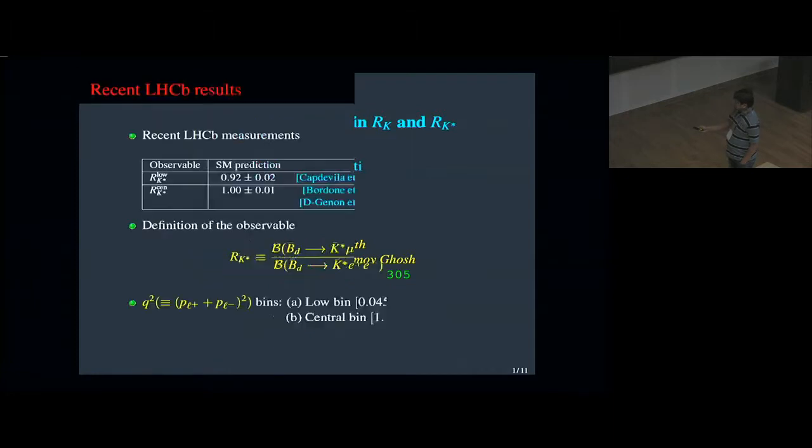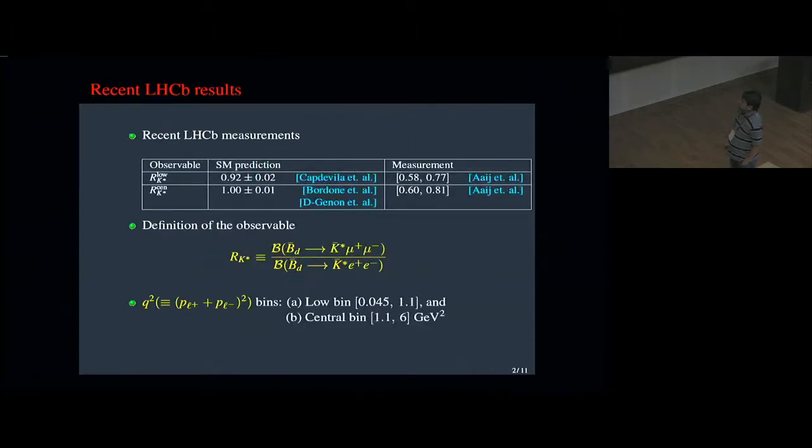in this way. The low bin is when the invariant mass squared of the two leptons is in 0.045 to 1.1 GeV squared, and the central bin is from 1.1 to 6 GeV squared. LHCb has another result on RK, and its significance is 2.5 sigma.